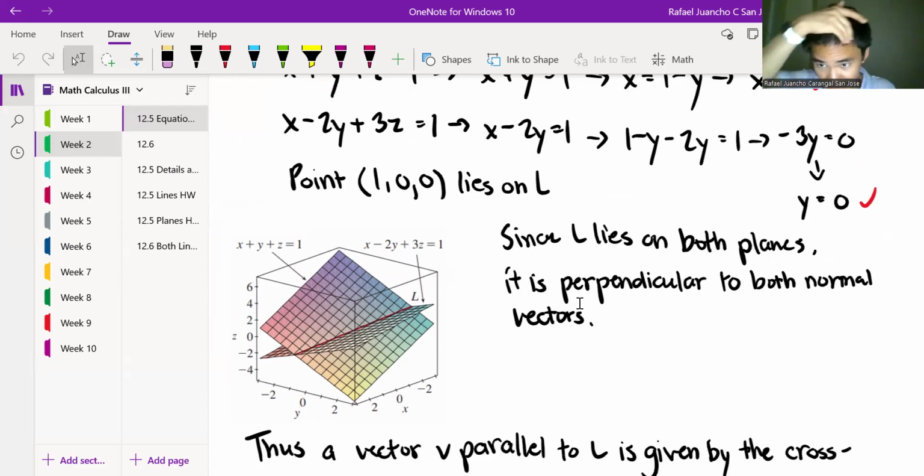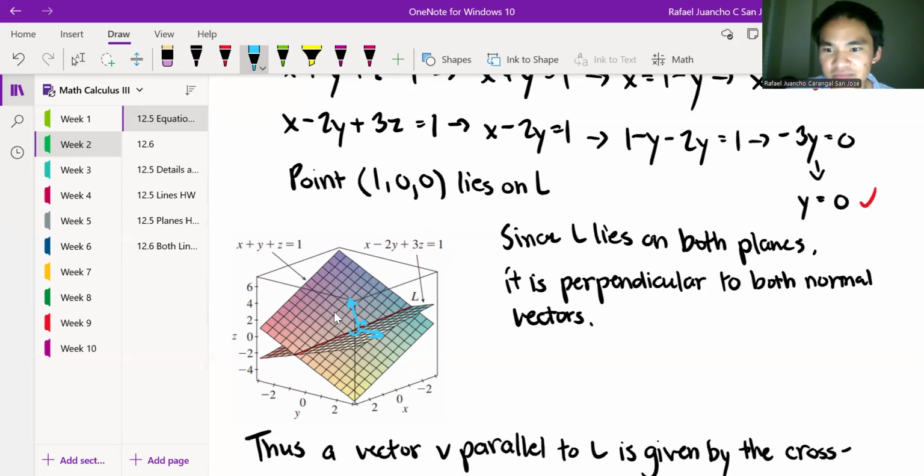So if it's perpendicular to both, that means we have to get the normal vectors of both planes, right? I can just draw it from here. That's the normal vector of one of them, so it's perpendicular. This is a normal vector for one of them, and that's another one.